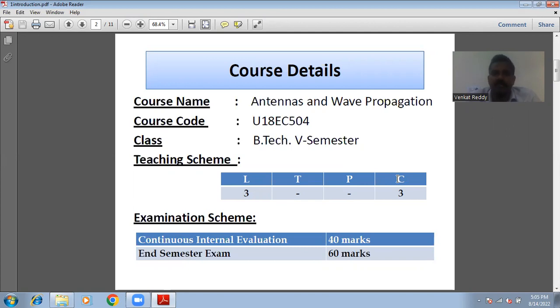Out of 100, continuous internal evaluation is for 40 marks, and external evaluation, that means end examination, is for 60 marks. In the internal evaluation, out of 40 marks, 30 marks are for mid-semester examinations, and the remaining 10 marks is the average of 6 components.